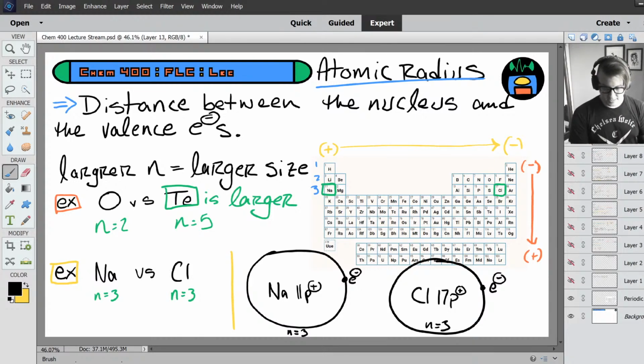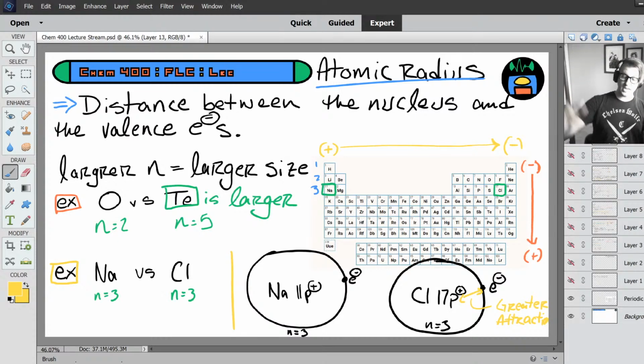The thing is, there is a greater attraction between the valence electrons for chlorine and its nucleus because there are more protons in that nucleus.